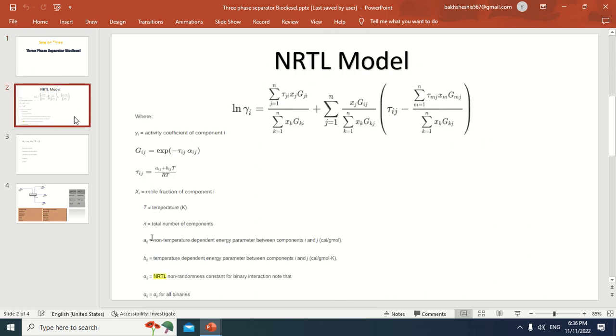Now, I'm enthusiastic to talk about the NRTL model. The NRTL property package is used for chemical systems and HF calculation with highly non-ideal chemicals.